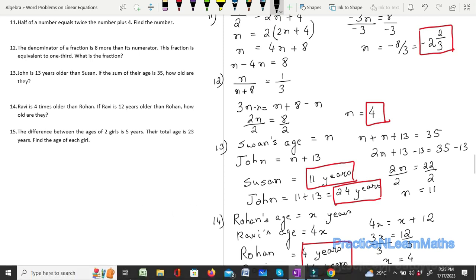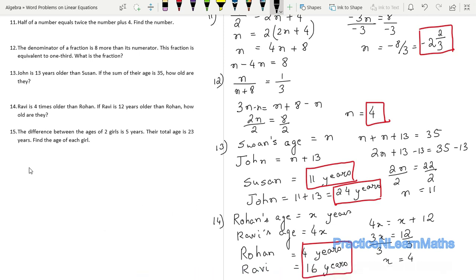Now sum number 15. The difference between the ages of two girls is 5 years. Their total age is 23 years. Find the age of each girl. So let girl A's age be equal to x years.